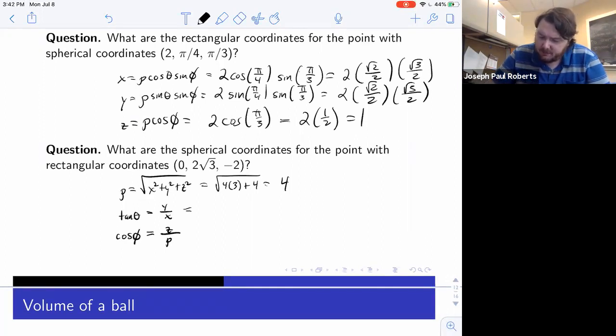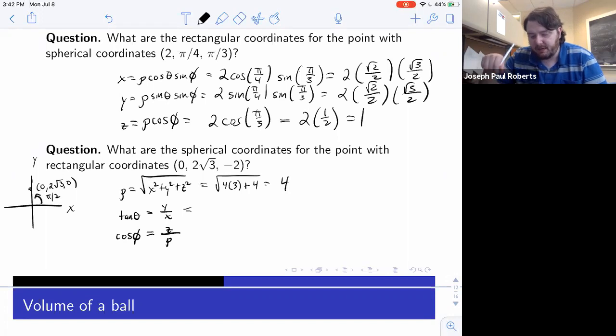So tan theta is y over x. Well, it's actually undefined, but if we think about our xy shadow, we have 0, 2 root 3, 0. If I'm in the xy plane, I know that that angle is pi over 2. So tan theta, as you approach that, is plus infinity, so pi over 2, whatever you want to say. Yeah, so this is sort of an edge case, but clearly our shadow in the xy plane lives on the positive y-axis, which means theta is pi over 2.